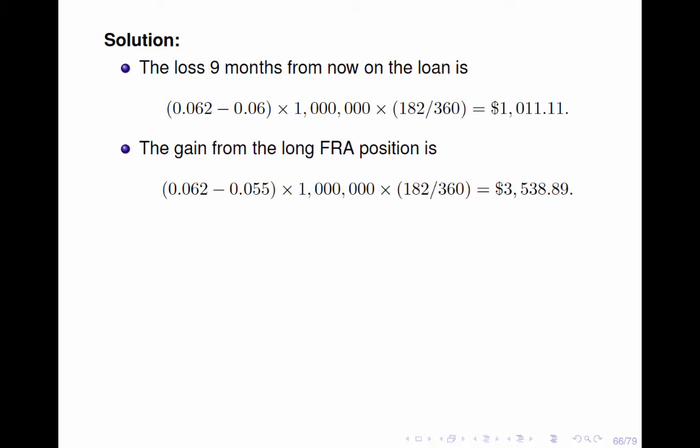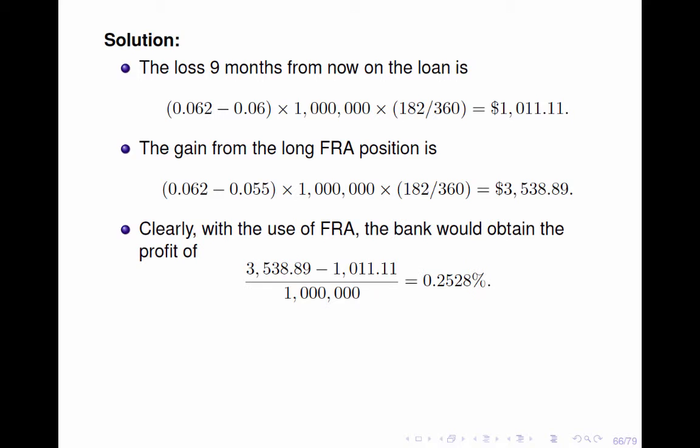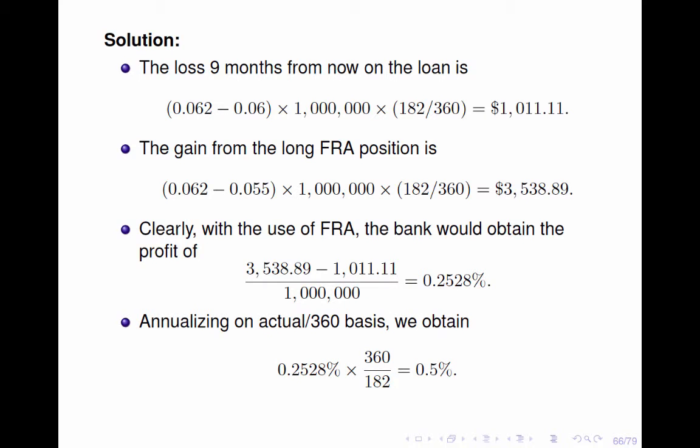This is equivalent to a cash amount of $3,538.89 for the 6-month period. Then, the net profit that the bank can get from this loan is 0.2528%. Annualizing on actual over 360 basis, we obtain a return rate of 0.5%.